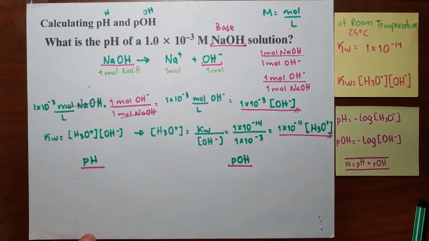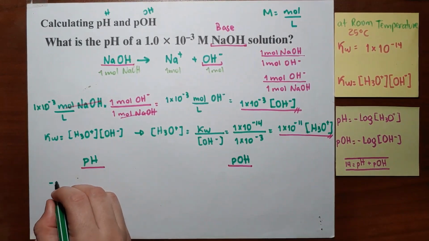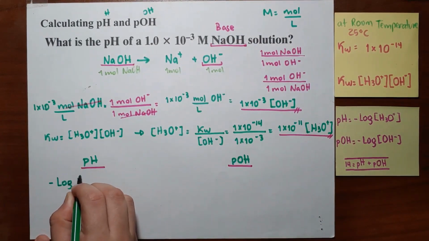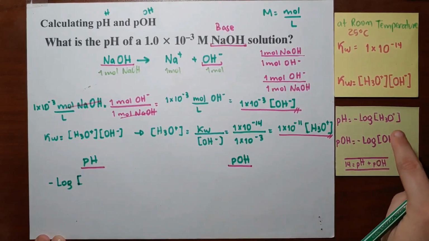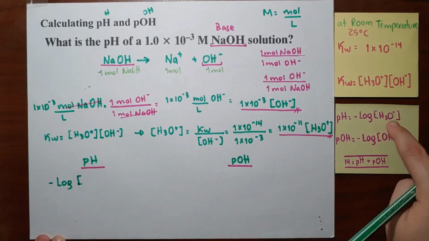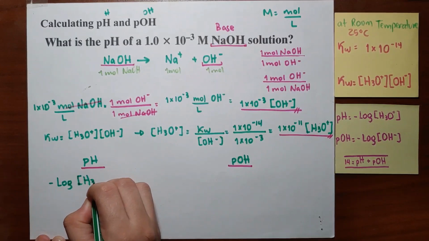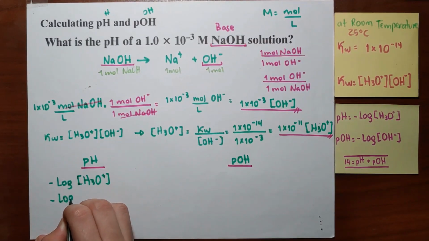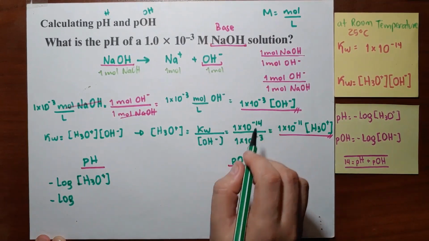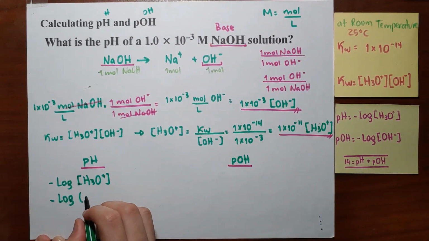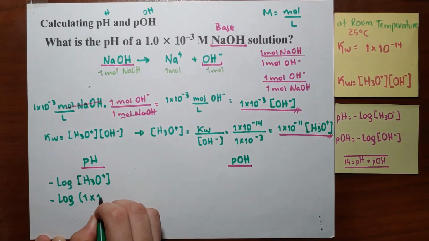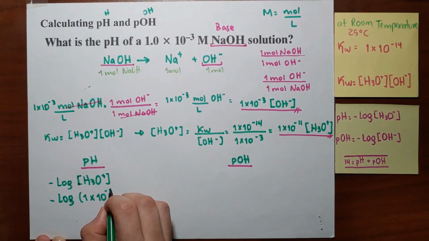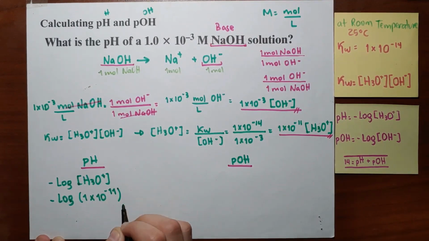This is the negative logarithm of your hydronium ion. This is the same as saying the negative logarithm of hydronium, that is 1 times 10 to the negative 11.